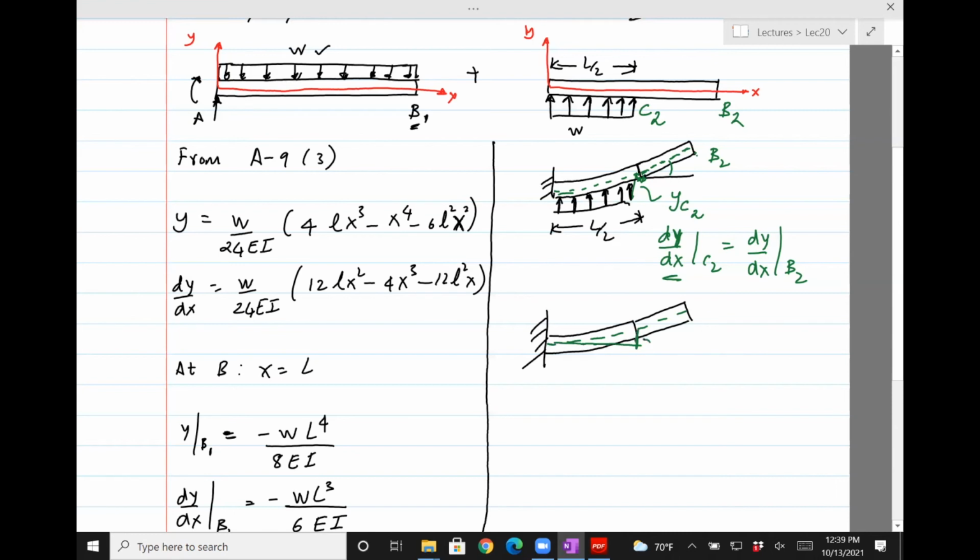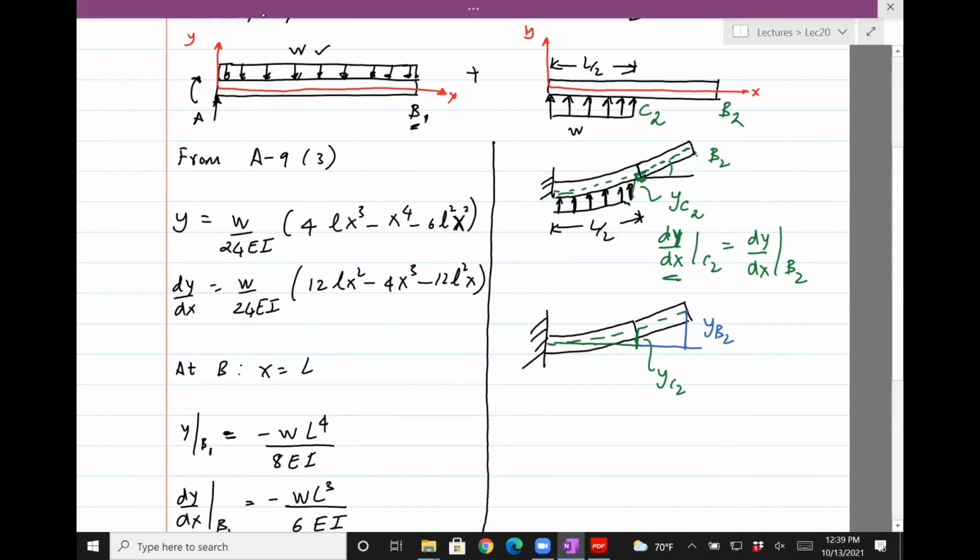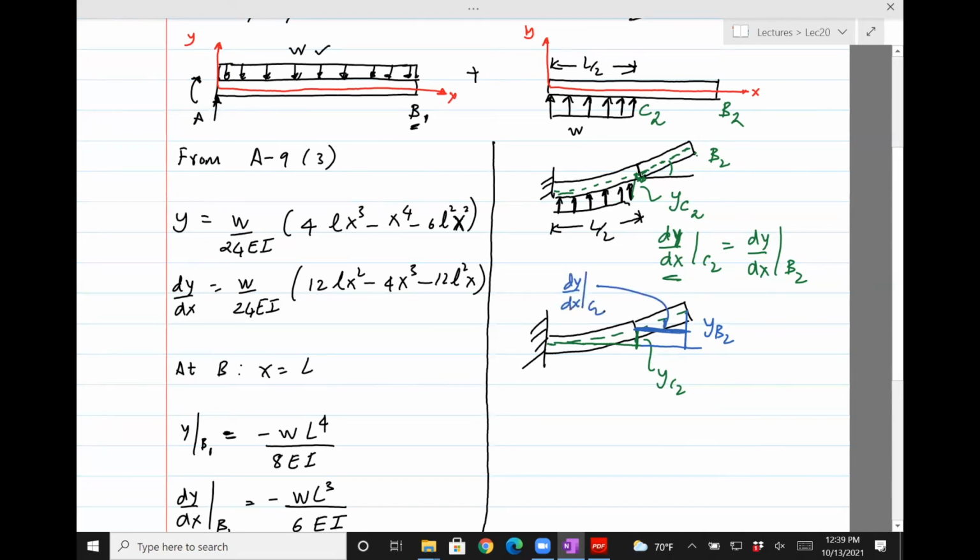So we saw that this is YC2. Now I need to find what YB2 is. What I'm going to do is use the fact that I know the slope here, which is dy by dx at C2.